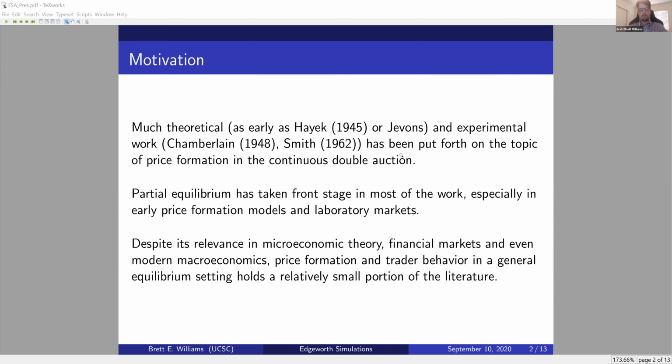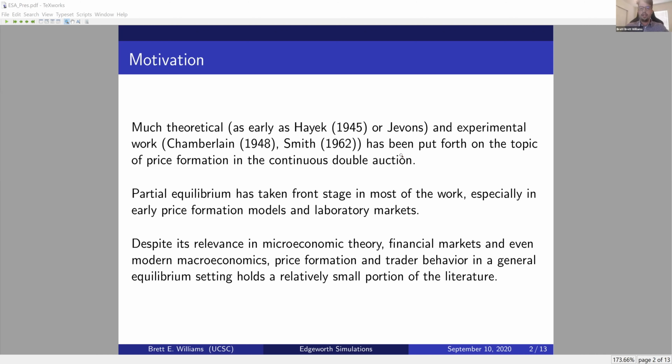Right, so for the most part, the literature has been somewhat dominated or taken front stage by partial equilibrium settings. Whether it's easier to look at, or it's just more popular, especially in early price formation models and laboratory settings. Partial equilibrium has really taken the front stage.